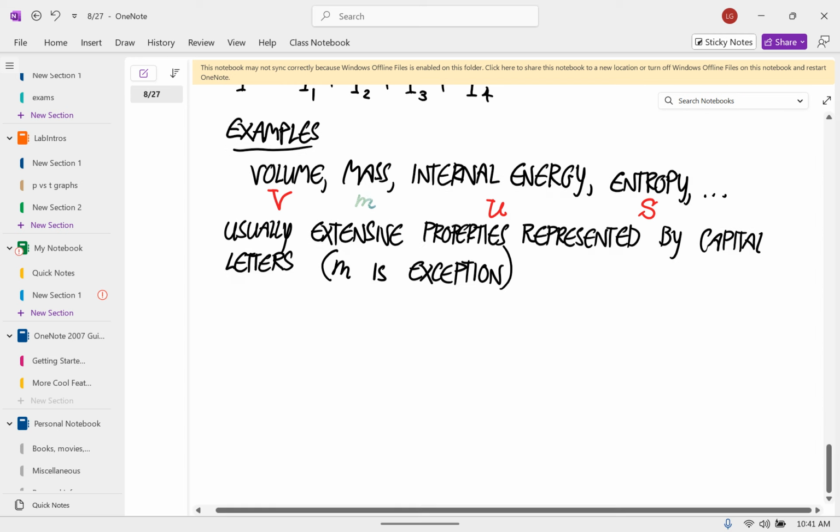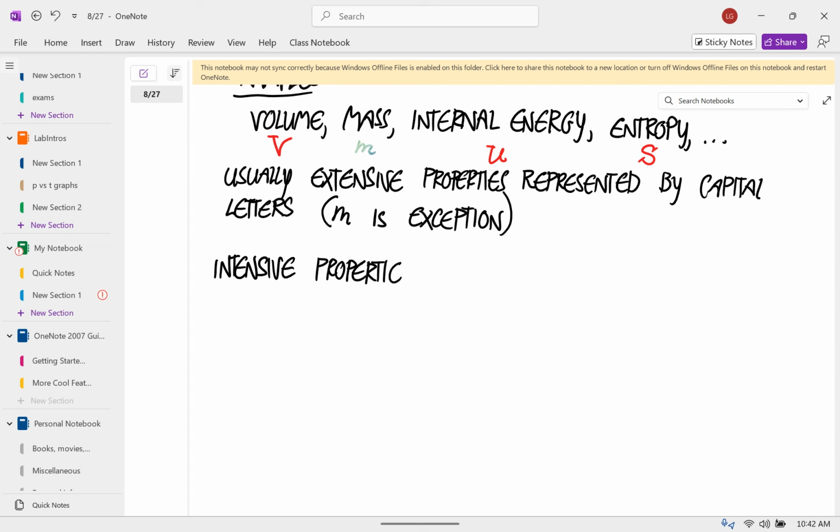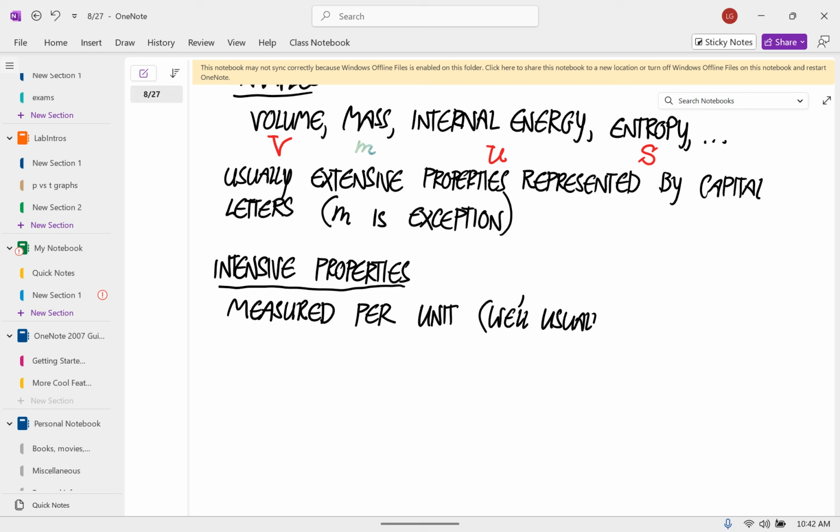Then intensive properties are measured per unit. What unit that is can vary, though we're usually going to do it per mass.